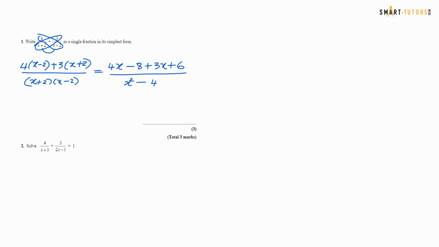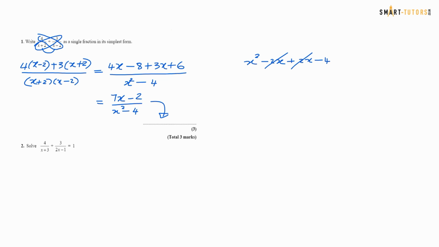If you want, you can expand the bottom bit, x squared minus 2x plus 2x minus 4. So these two cancel, x squared minus 4. So on the top, 4x plus 3x is 7x, minus 8 plus 6 is minus 2, over x squared minus 4. That is the answer.